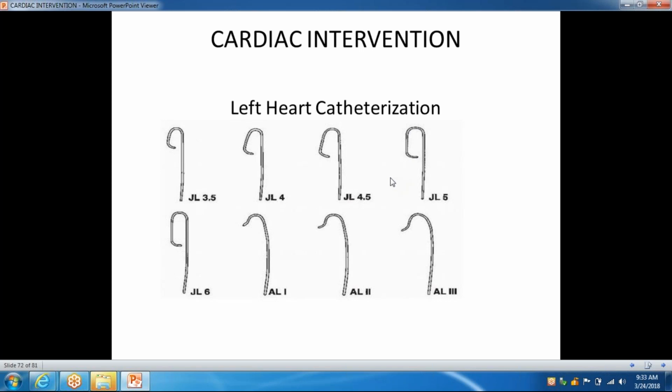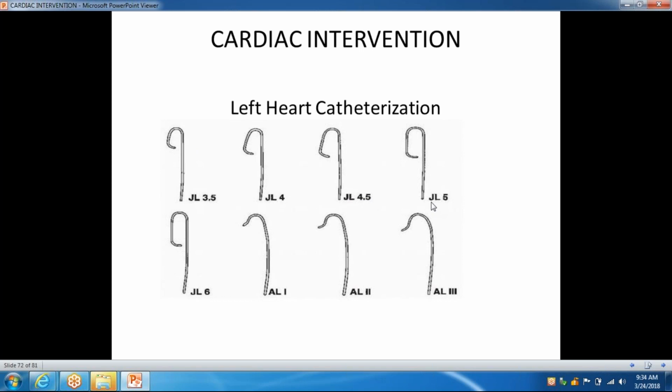But a lot of people will start with your JL4 because most average individuals will accommodate a JL4. But once you start doing the procedure, you'll see if it's a small aortic arch, use a 3.5. If it's a larger aortic arch, you might use 4.5, 5, and even sometimes 6.